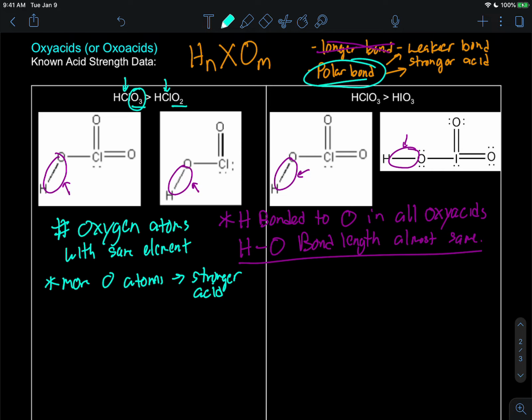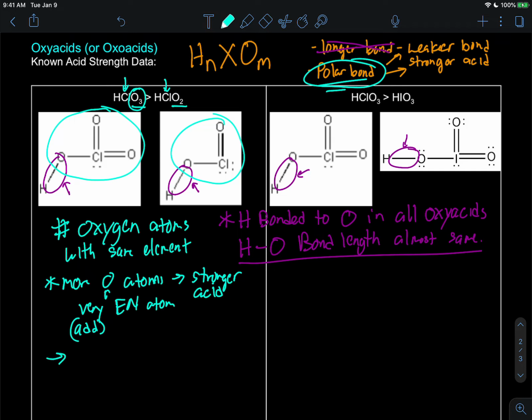So we go back to this idea of the polarity of the bond. Well, what we know about oxygen is that oxygen is a very electronegative atom. So if we continue to add more of these very electronegative atoms, that's going to generate this whole group, 2 oxygen atoms in a chlorine versus 3 oxygen atoms in a chlorine.